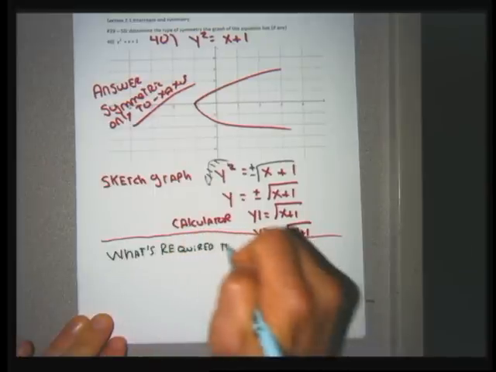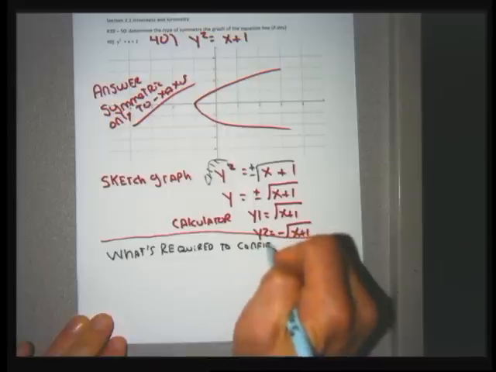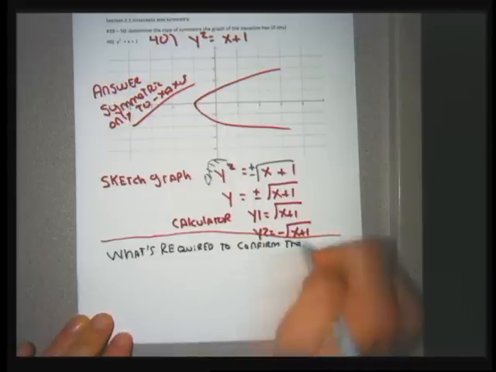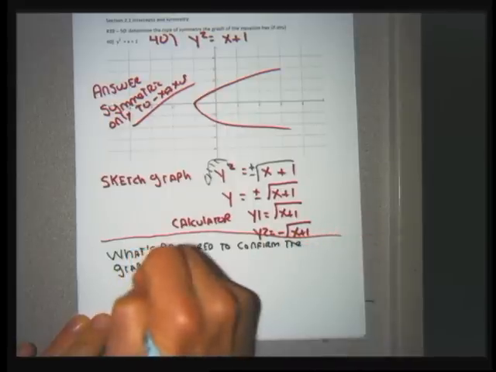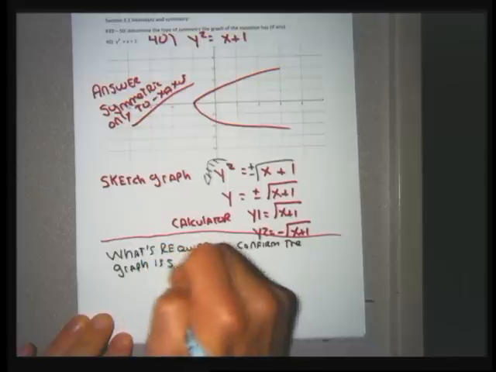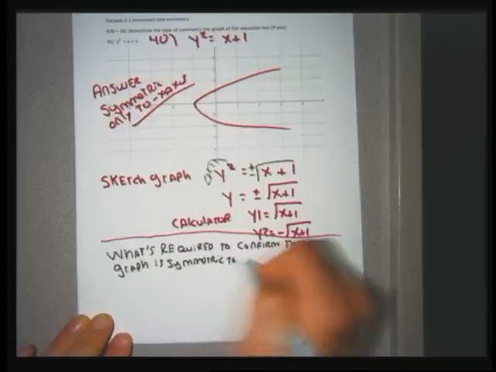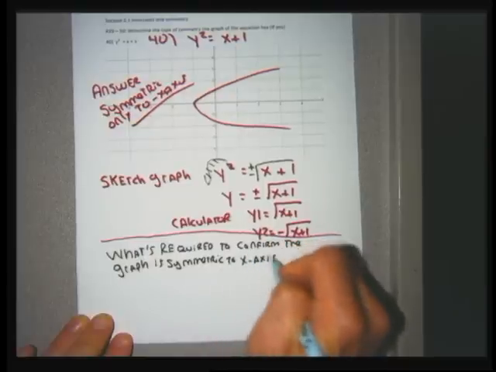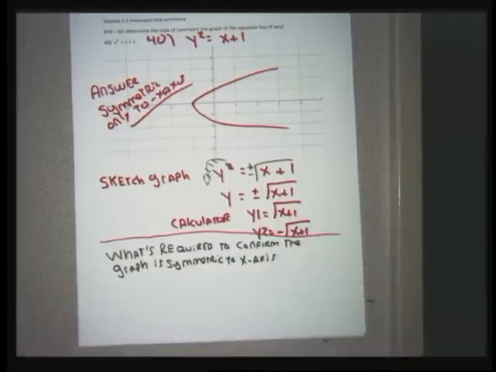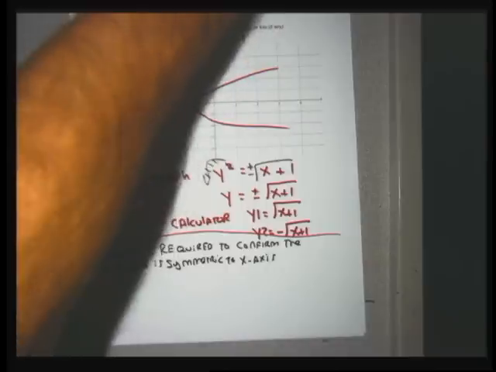To confirm the graph is symmetric to the x-axis, the confirmation comes from the group of problems that we did with the points.